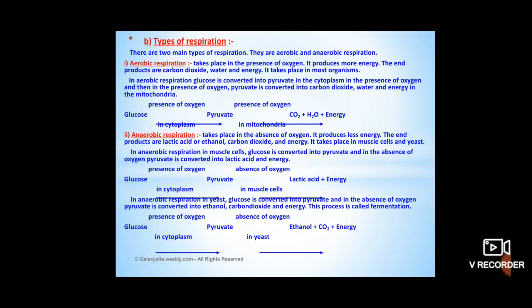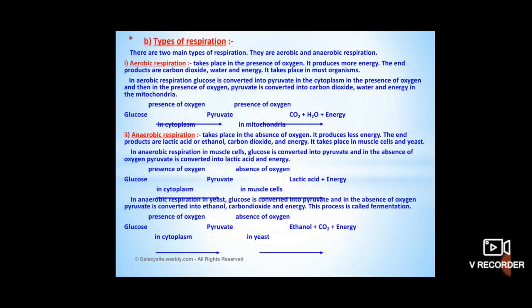In aerobic respiration, the glucose converts into pyruvate. That pyruvate breaks down in the presence of oxygen and releases energy, carbon dioxide and water. Most probably this takes place in the mitochondria of each and every cell of our body.